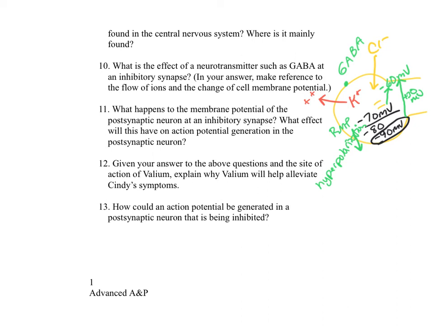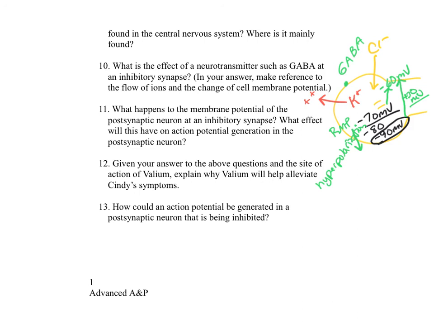The last question then is, how could an action potential be generated in a postsynaptic neuron that's being inhibited? Well, the answer is you're going to need a much bigger stimulus. So you're going to need a large depolarizing current from some excitatory synapse that will open up sodium channels, so sodium can come into the cell and try to raise that resting membrane potential to threshold. I talked about having to get that up 30 millivolts in order to get to threshold.